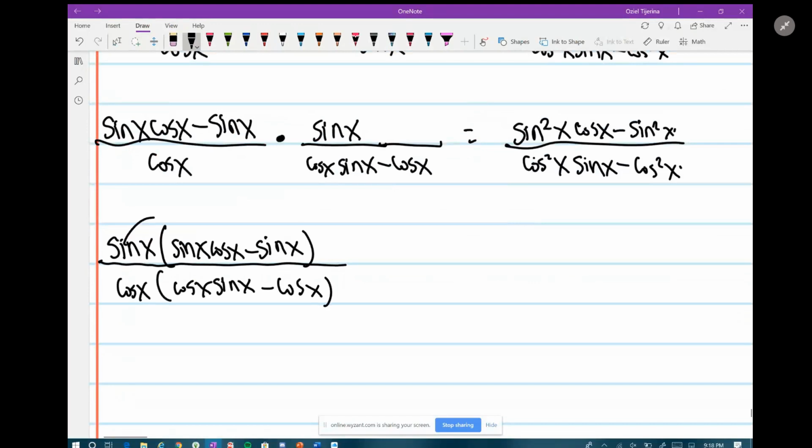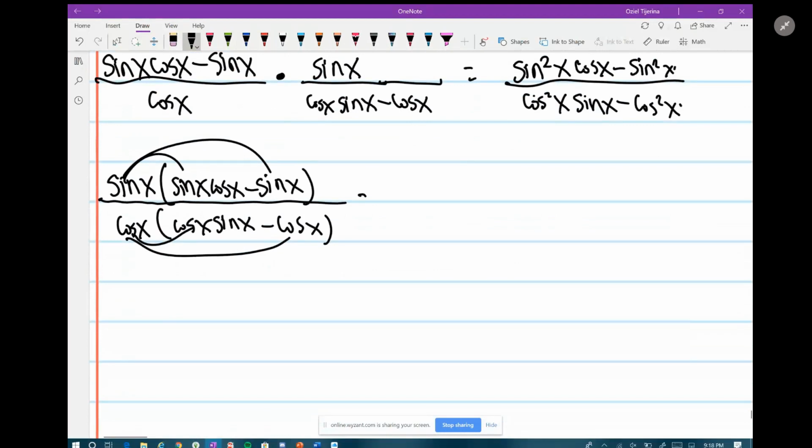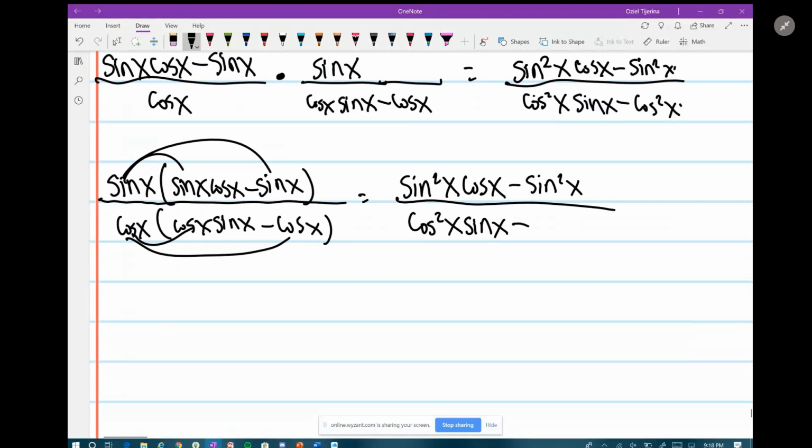And you basically distribute on both sides. So this is going to be equal to sine squared of x cosine of x minus sine squared of x over cosine squared of x sine of x minus cosine squared of x.